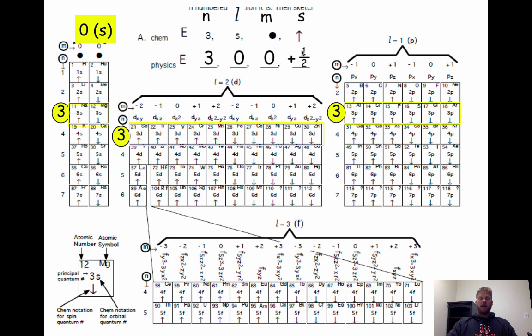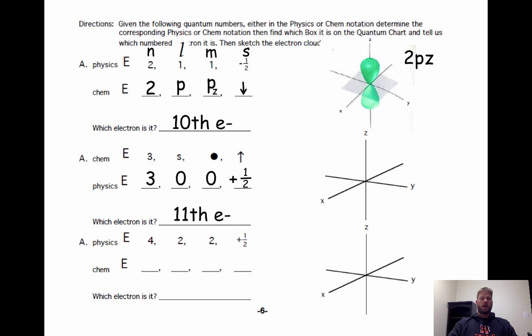So this electron lives in the upstairs apartment, plus 1/2. We have plus 1/2 here at the 11th electron and negative 1/2 for the 12th electron. We have the 11th electron. So these 4 quantum numbers correspond to the 11th electron.